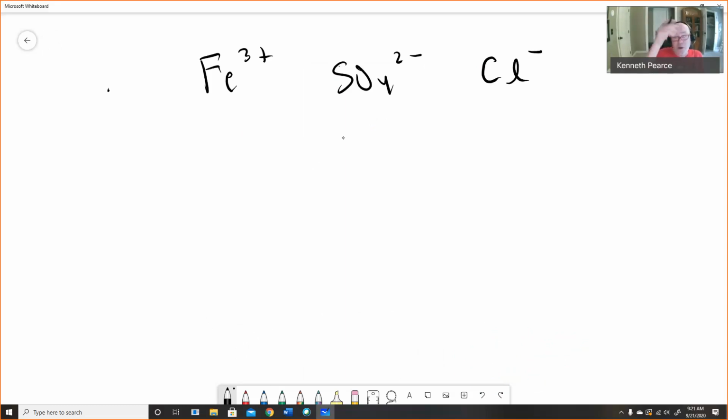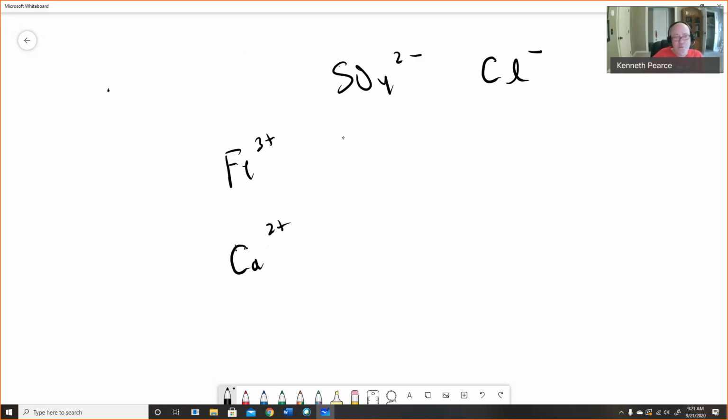And then we could actually pair these up. Let me move this iron down to the bottom here. And we could pair it up with, say, let's go with calcium 2 plus.